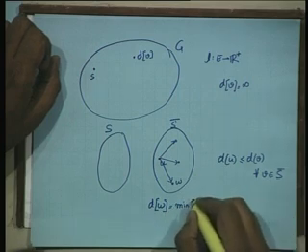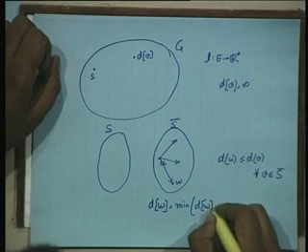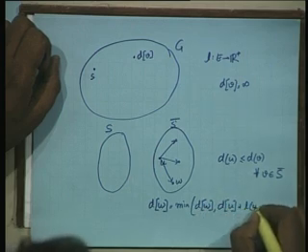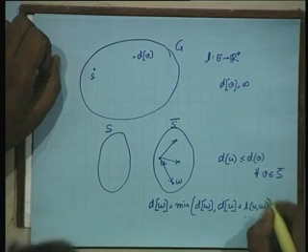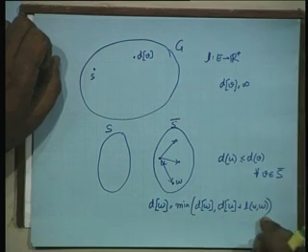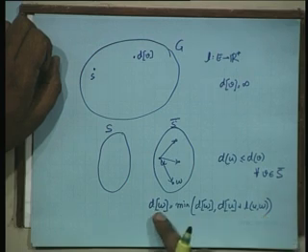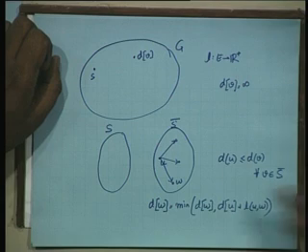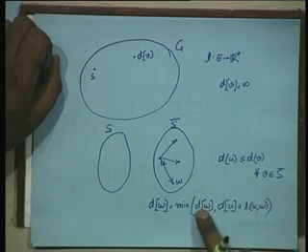It is the min of d of w and d of u plus length of the edge u w. This is how we update the distance labels. As you can see, this operation shows that d of w will only decrease, it cannot increase, because it is the minimum of two quantities, one of which is d of w.